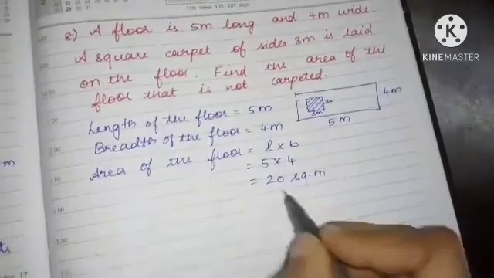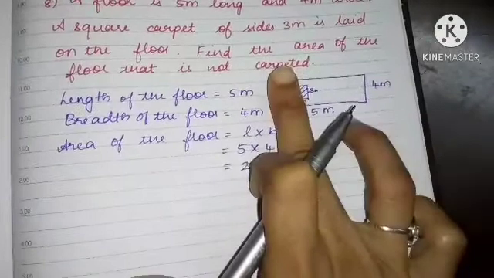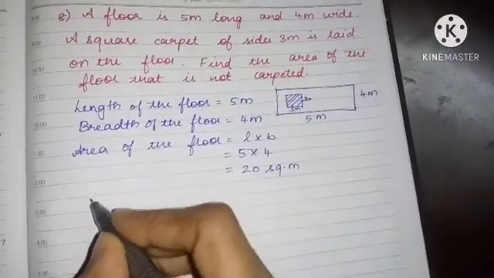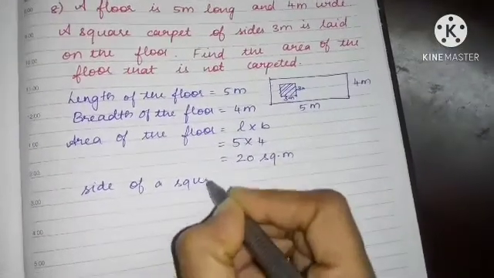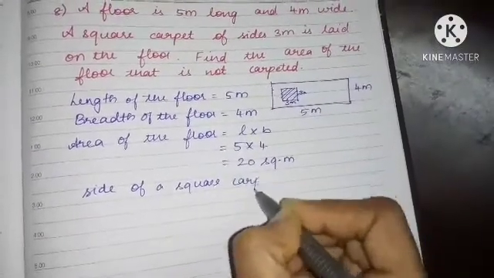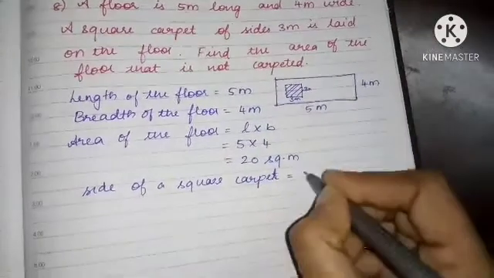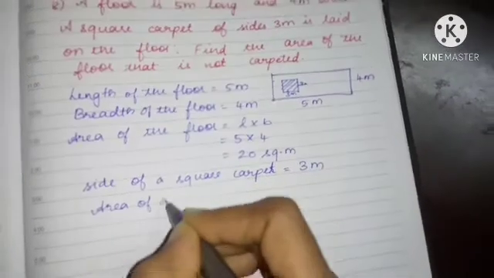So this 20 square meter is nothing but the area of the whole floor. Now, side of the square carpet is 3 meter. So what is the area of the square carpet?